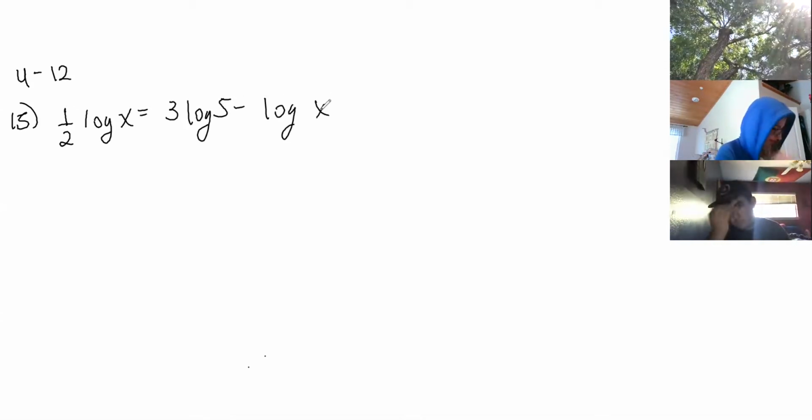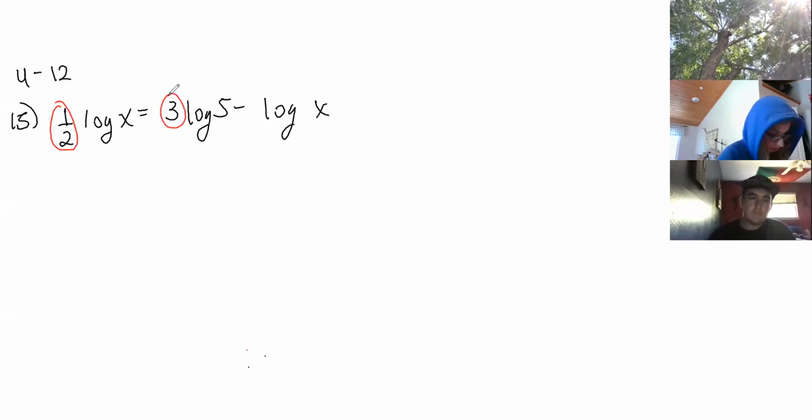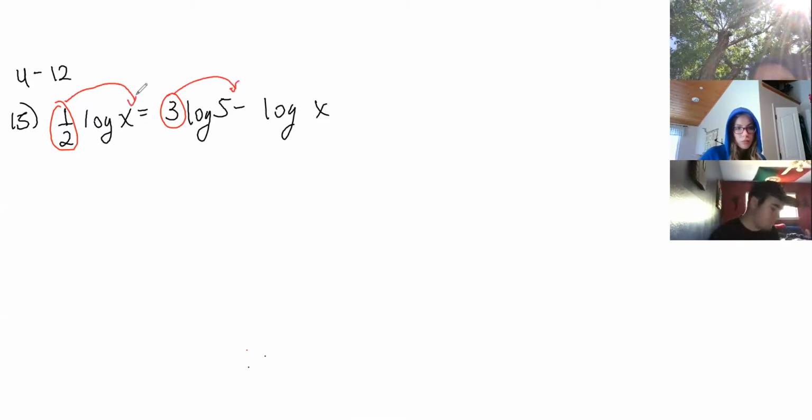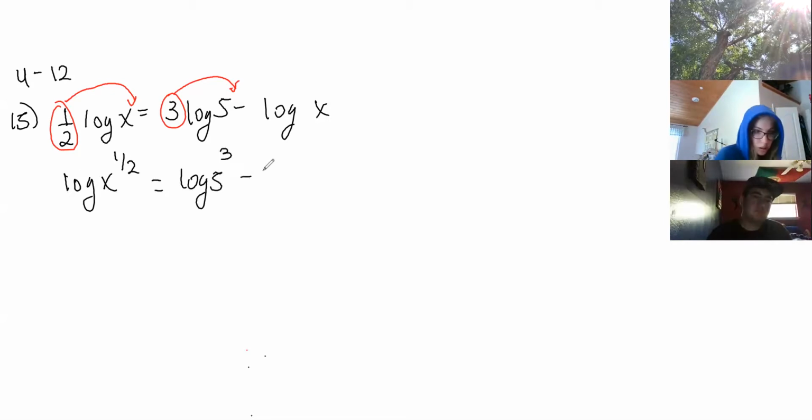There's a log on each side, which looks like it's going to end up being a drop the log, but we have to do something with these coefficients first. Do you guys remember how we get rid of them and it's not dividing? Make them exponents. Oh, yeah. Good. Okay.